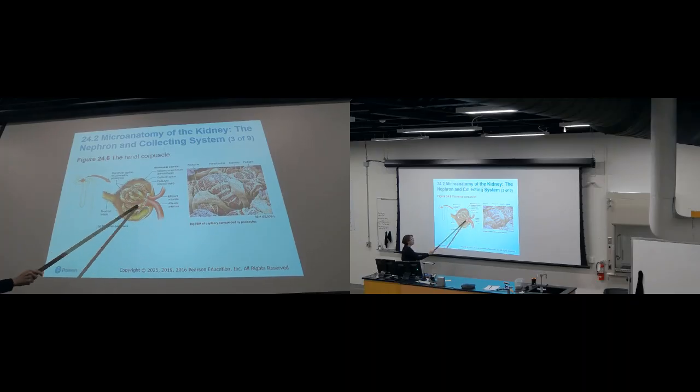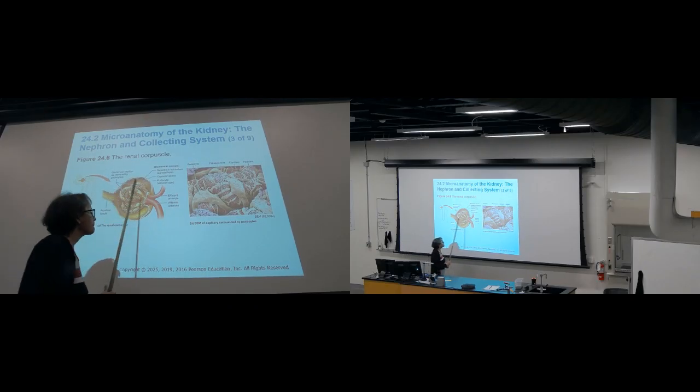So this is the afferent arteriole, forms this tangle of capillaries, which is the glomerulus. And then you have the visceral layer, which surrounds these capillaries, and you have these cells, which are the podocytes, with the pedicels that form the filtration slits.